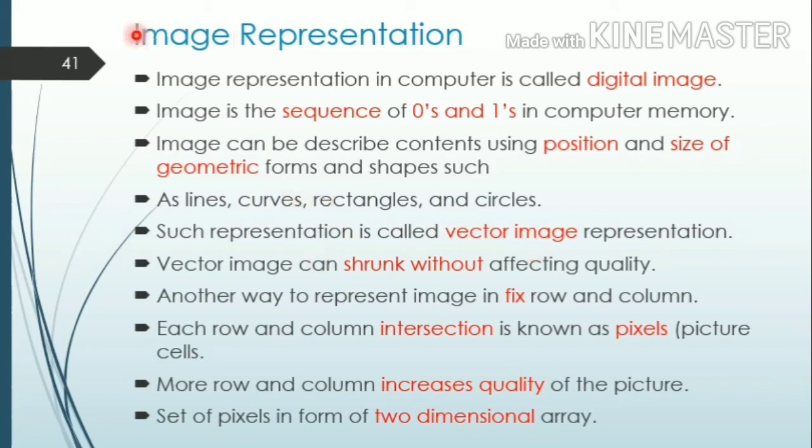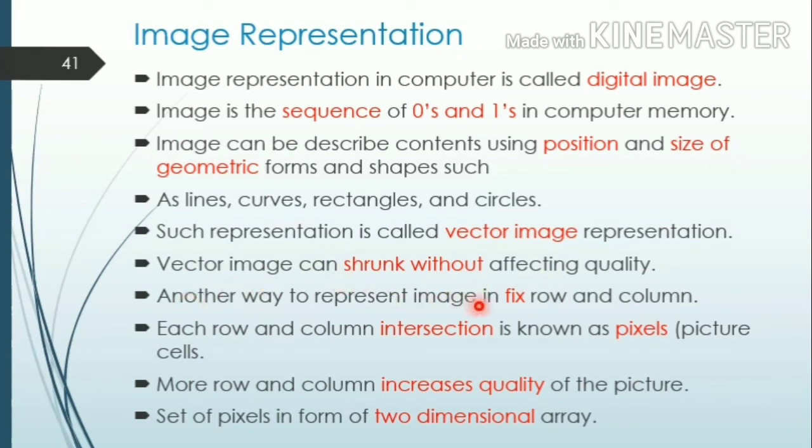Just like you watch it, here is a big arrow, here is the same small arrow, this is all called a vector image actually. A vector image can shrink without affecting the quality. See, if you reduce the picture on the screen, it does not affect the quality or clarity.